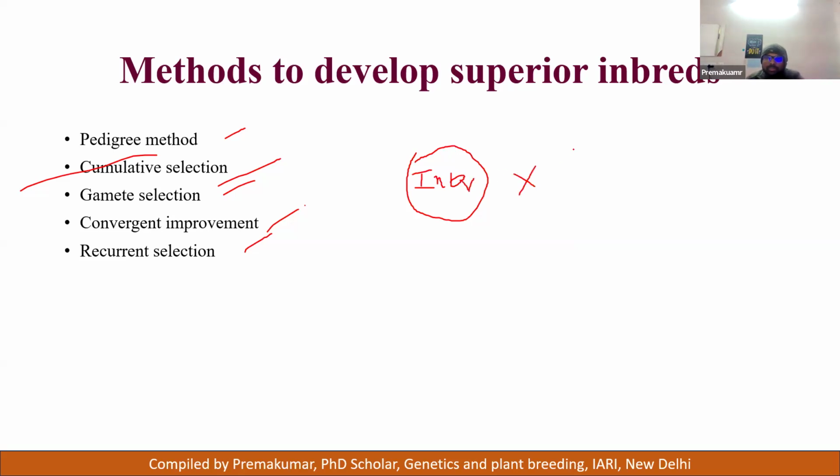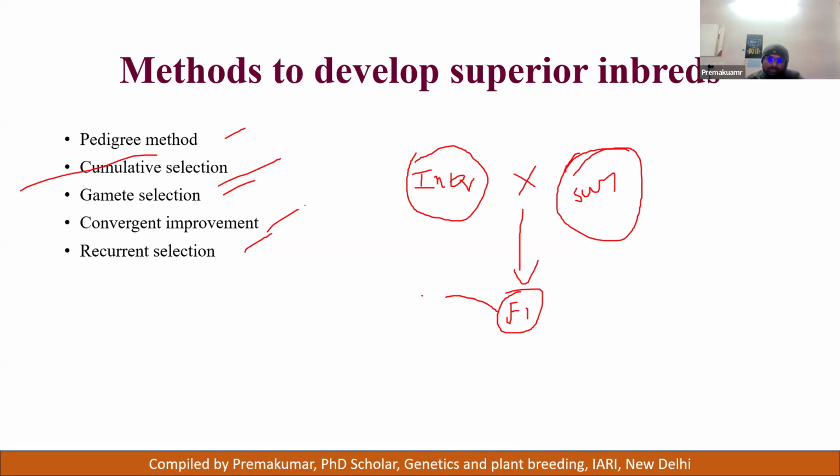Then you cross with a source, lines having good genes, and develop an F1.